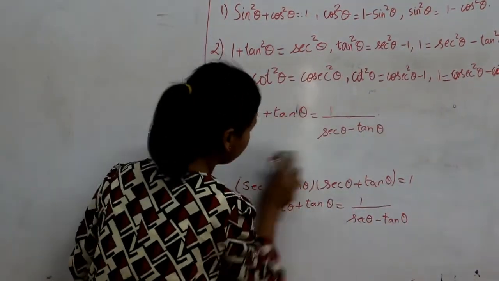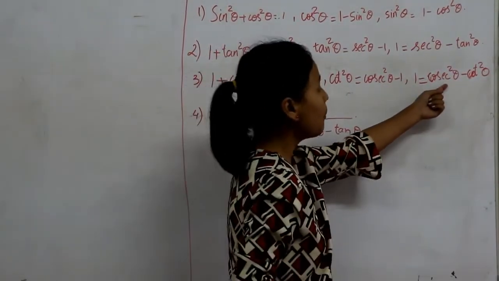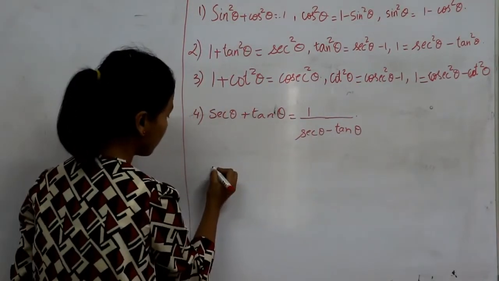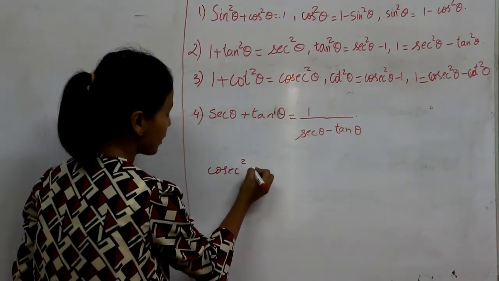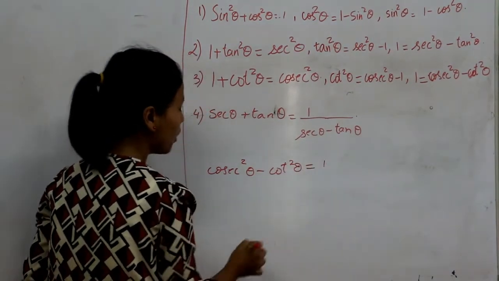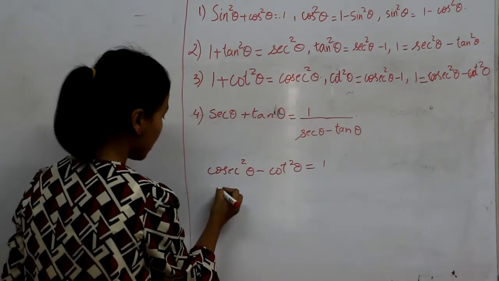Next one is cosec square theta minus cot square theta is equal to 1. Okay, again applying the same formula, a square minus b square.